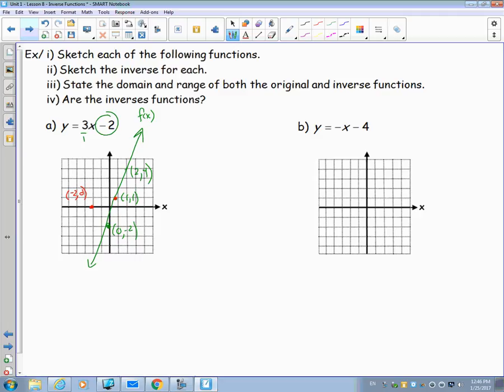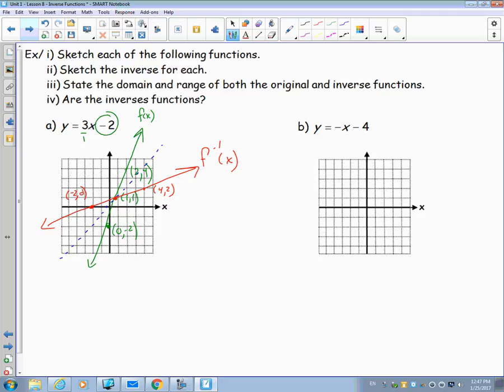And (2, 4) becomes (4, 2). So my inverse will look like this. Now one more idea about inverses. An inverse is actually a diagonal reflection. If you were to divide this line like this, the graph, it's actually been diagonally reflected across that line.